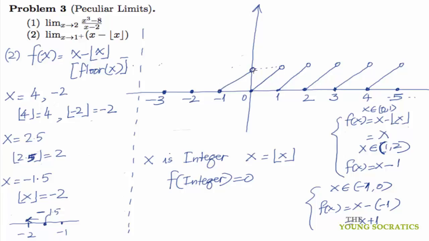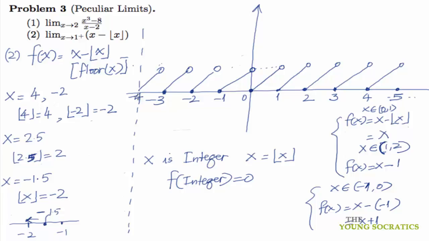Again, there will be a hole at this point, corresponding to y equal to 1 and x equal to 0, because when x equals 0, the value is 0. Similarly, we can plot the curve for other intervals. Okay, so it's an interesting kind of curve which repeats at integer intervals.